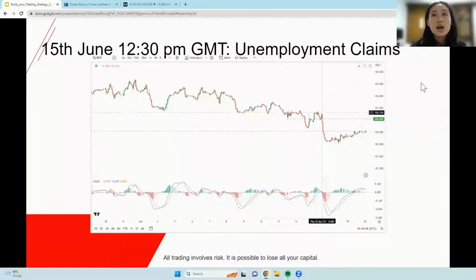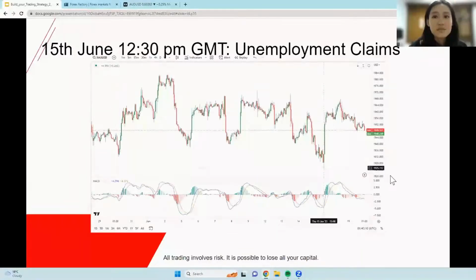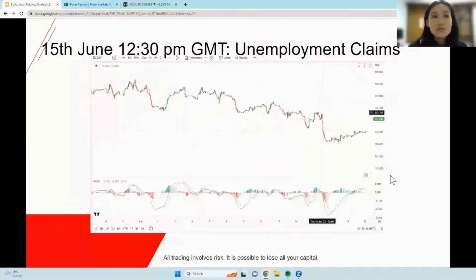Okay, so in this example, on the 15th of June, we had the unemployment claims, which was over here. You can see Thursday, 15th June at 12 o'clock, we can see this drop over here because of the unemployment claims data. And this is on our DXY.